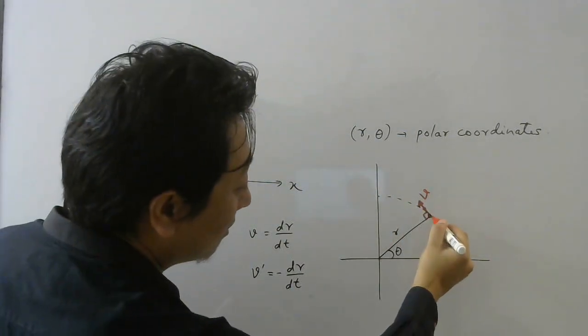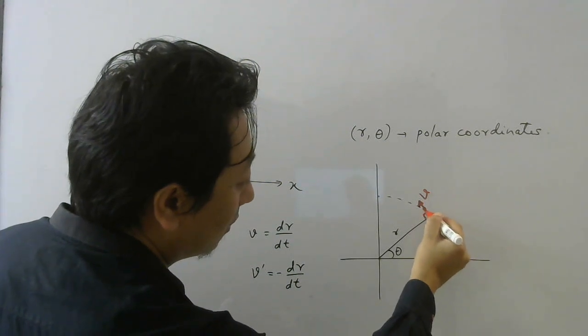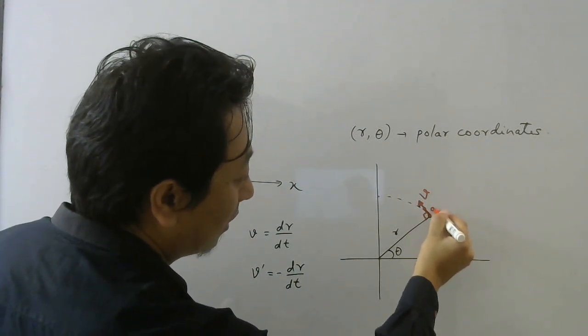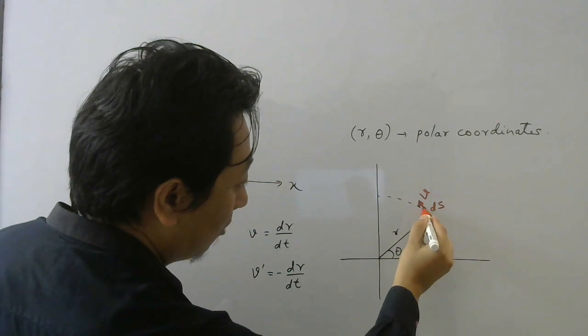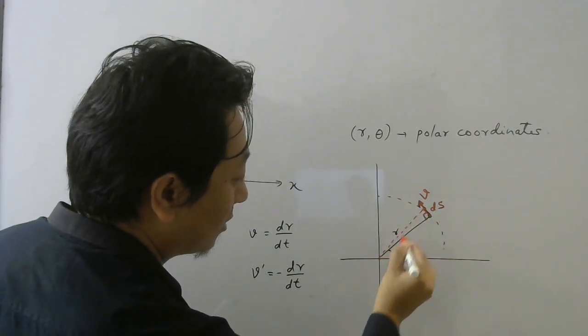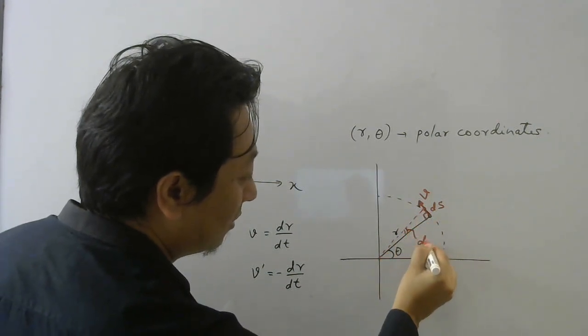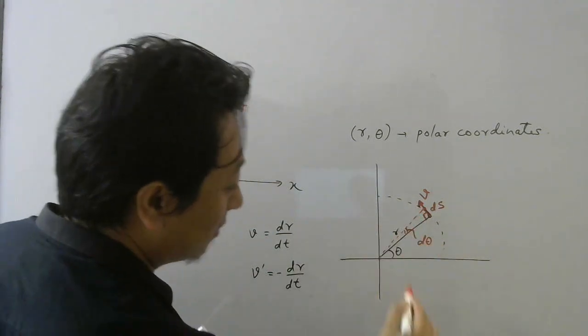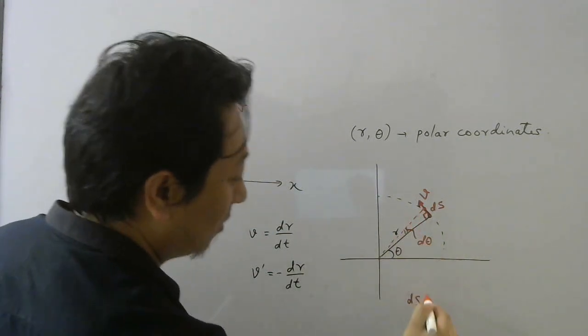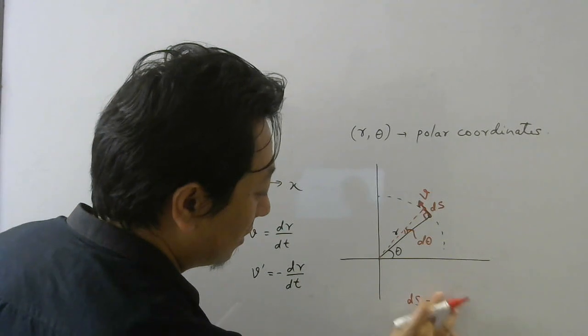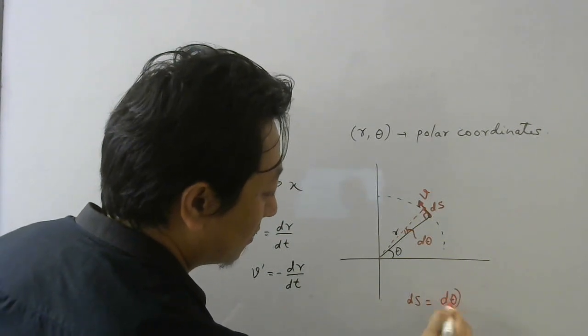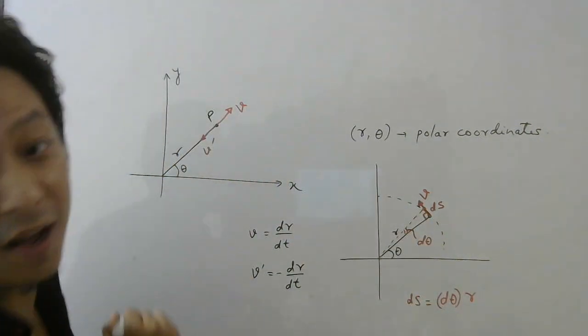Well, after some time this particle may move by a small distance ds, and your theta will change by a small amount, which I can write d theta. And this ds, which is like an arc, can be written as angle d theta into the radius. The radius is r, right?